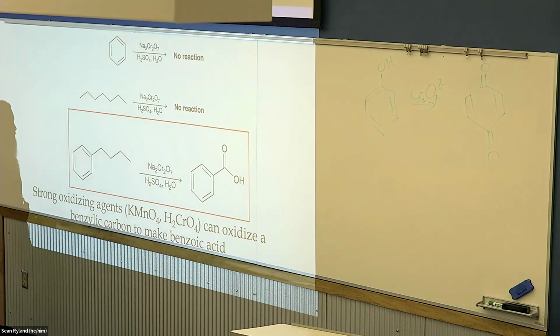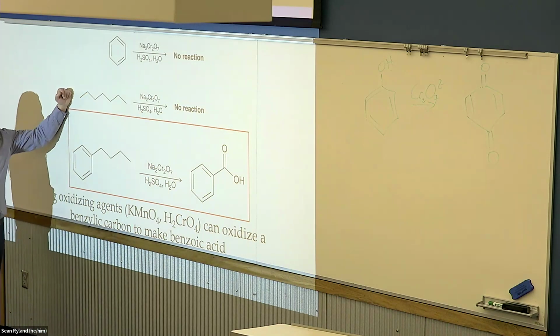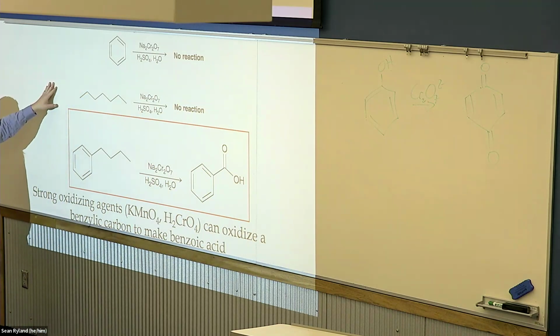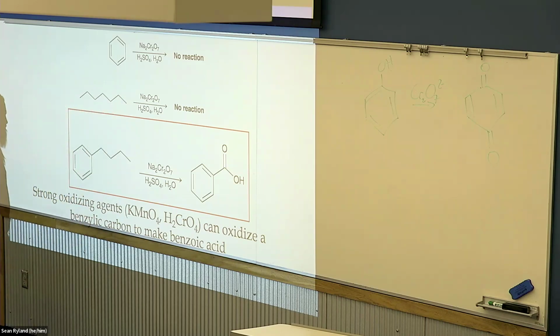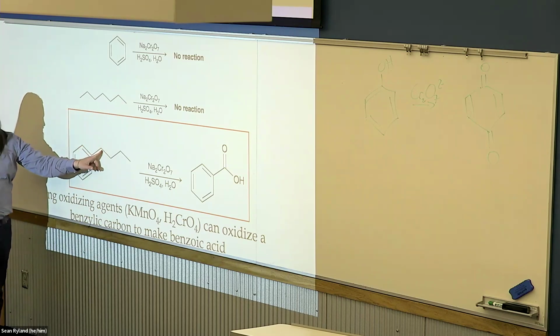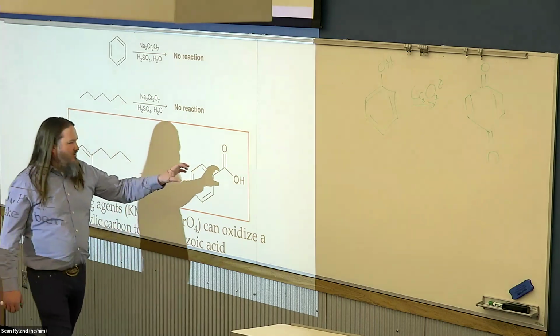If we just put dichromate with benzene though, nothing happens. It turns out that even as good of an oxidizing agent as dichromate is, you still need sort of a handle. You need something to start the reaction for anything to happen. So if we just put an alkane with dichromate, nothing happens. But if we put a benzylic alkane with dichromate, it basically chops off the end of it.